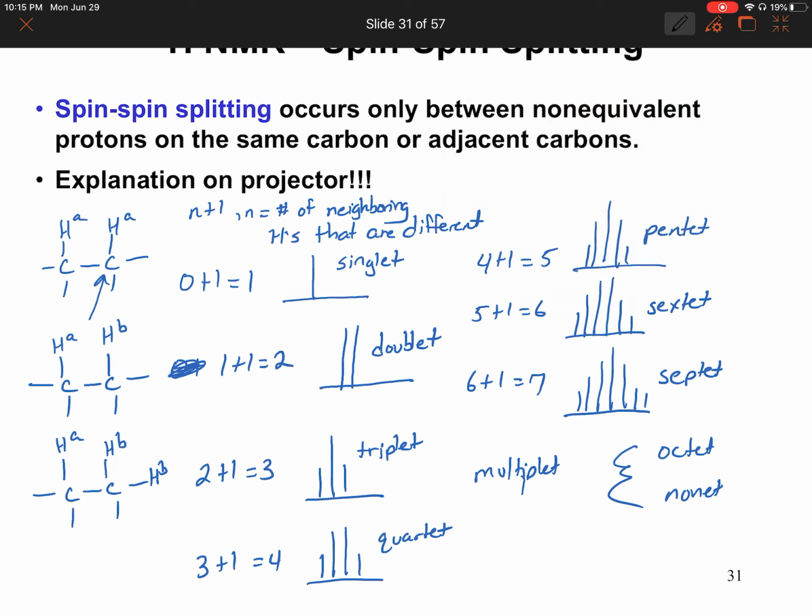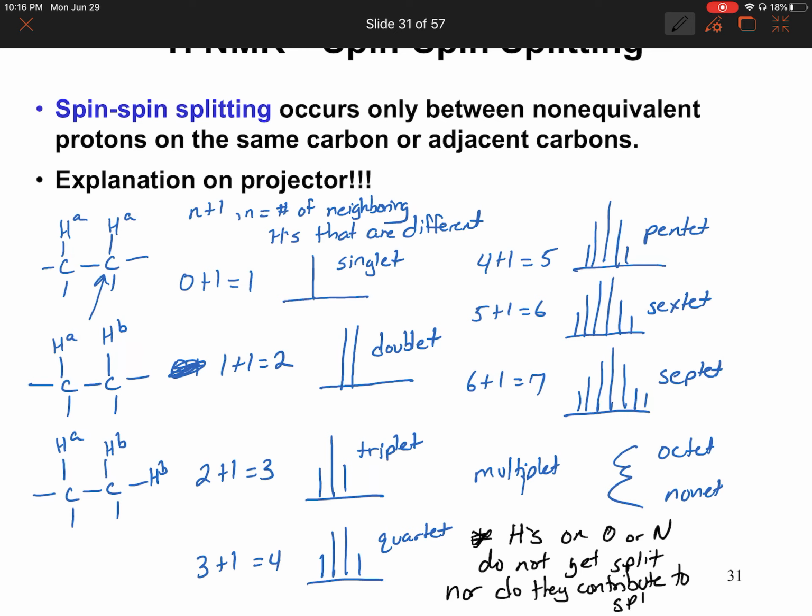The other thing that you want to keep in mind here, a little note: hydrogens that are on oxygen or nitrogen do not get split, nor do they contribute to splitting. They're not going to split like these did, and they're not going to contribute to splitting.